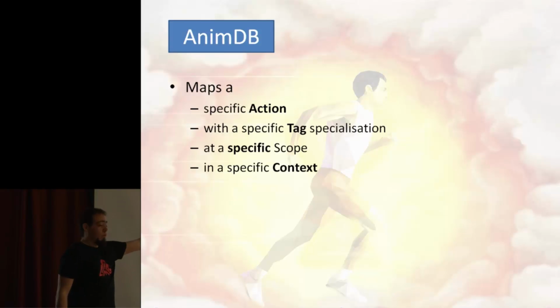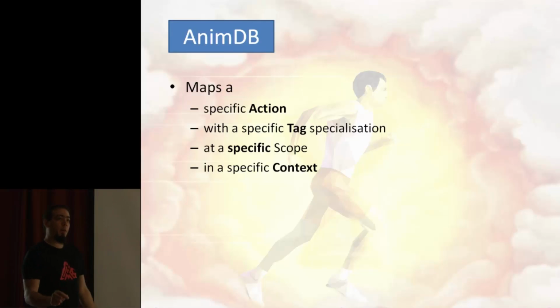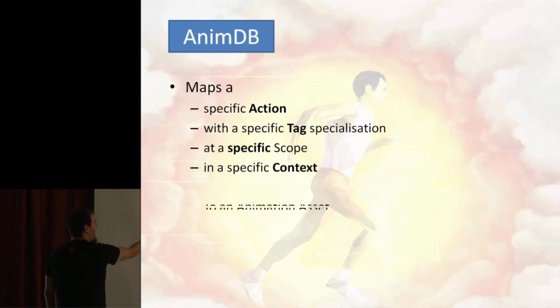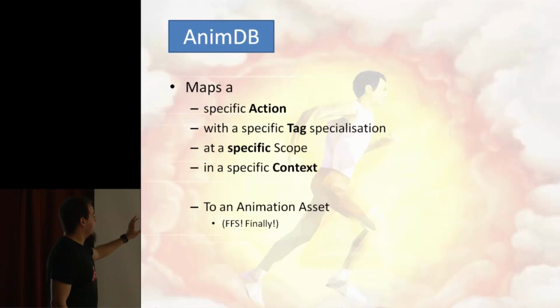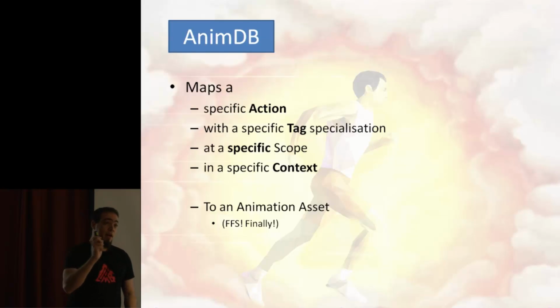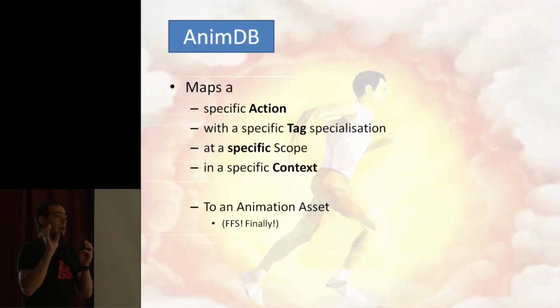I'm going to reload with an epic weapon. I'm going to reload an epic weapon on the upper body only, and I'm going to do it only in the third person. It takes all of that and maps it to an animation asset. So the animation database is where we actually finally go and say, okay, when you have all of these, take this awesome epic reload .icaf animation and play it.